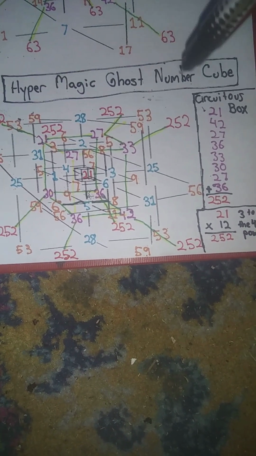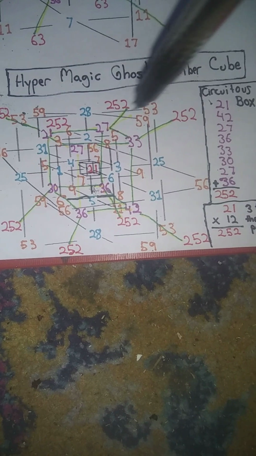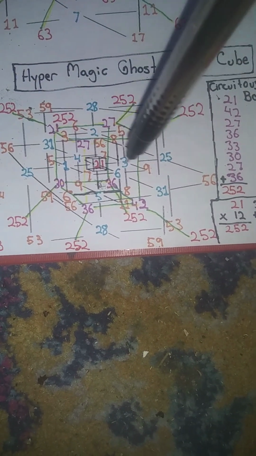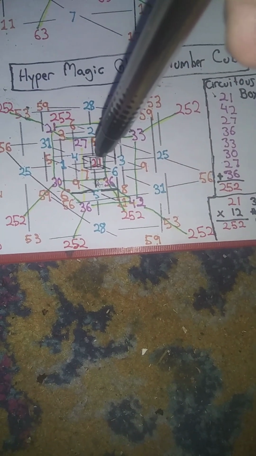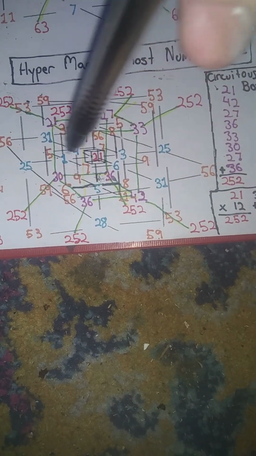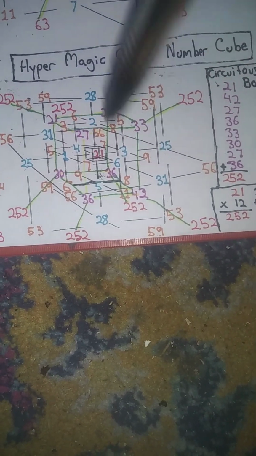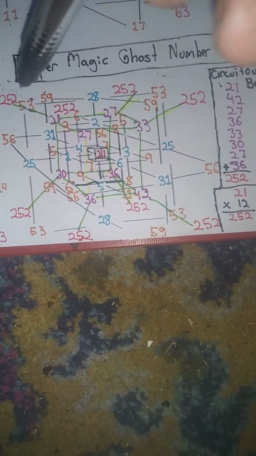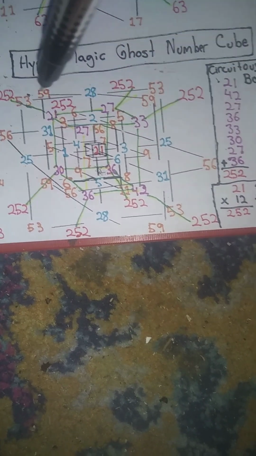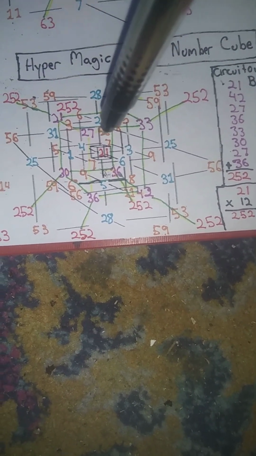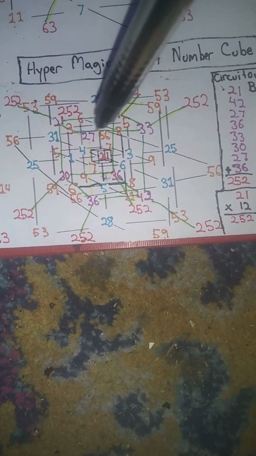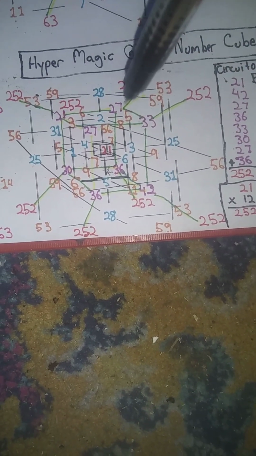A hyper magic ghost number cube has the same primary numbers, except you include the central ghost number in the commutative property going throughout the box, and that changes the outer primary numbers and secondary numbers, but nothing about the inner box changes. Nothing about the primary numbers or the secondary numbers.